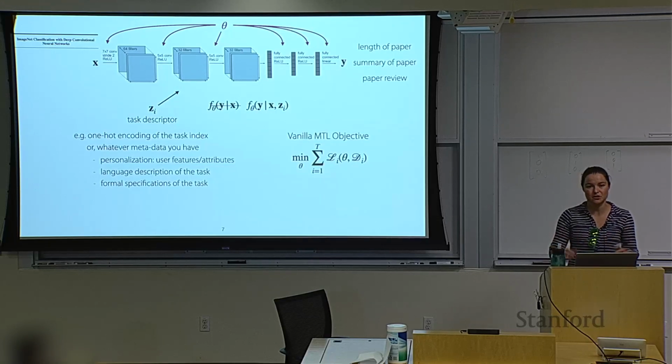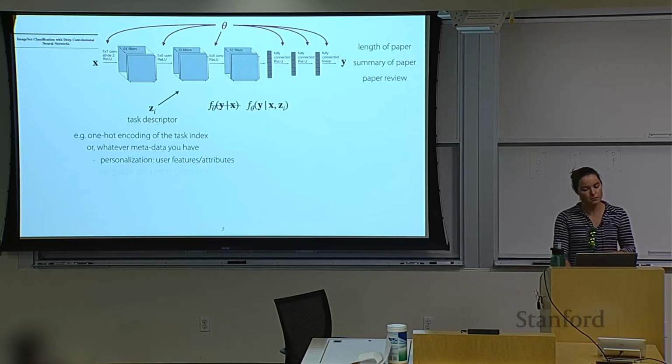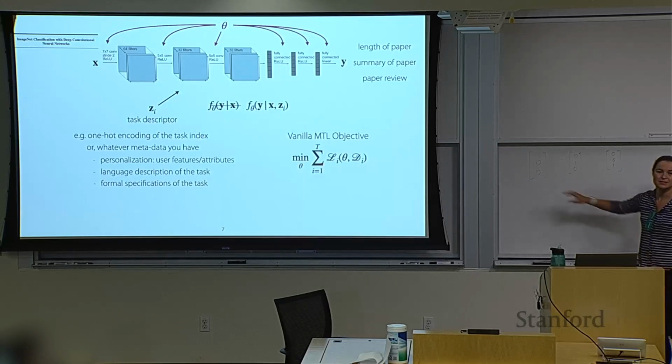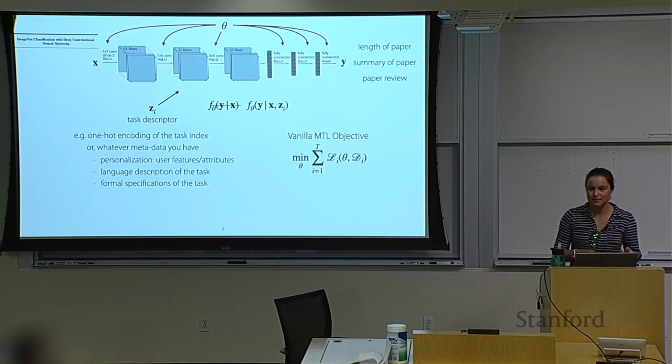If p of x is different across tasks, you might be able to tell without a task descriptor, but in general, in multitask learning, we're going to assume that we at least have separate data sets for each task. Yeah? Where is the task descriptor inserted into the network? Is it with the original x, or is the task also something? Yeah, so we'll talk about that next.